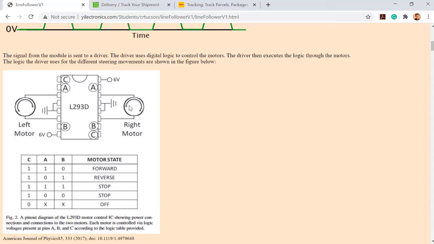However, the motor has a low input resistance. Doesn't matter if you don't know what that is, it means it's like a pretty small resistor. It's normally 50 ohms. If you apply 5 volts to the motor, it's going to draw a lot of current because 50 ohms is a low resistance, so it's a heavy load.